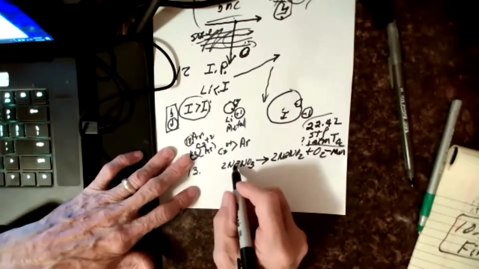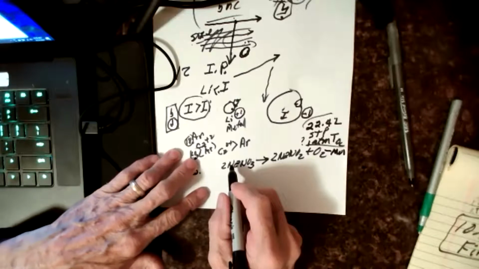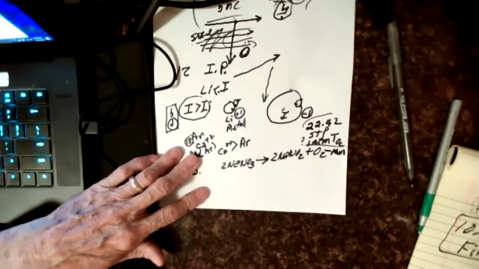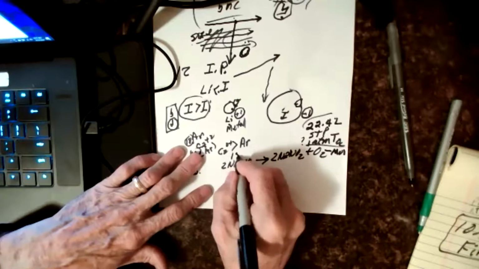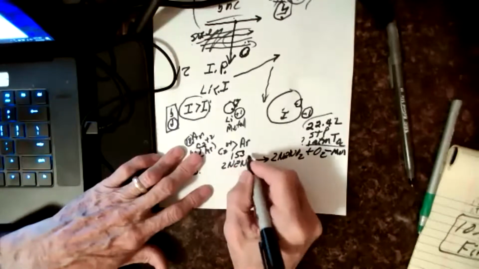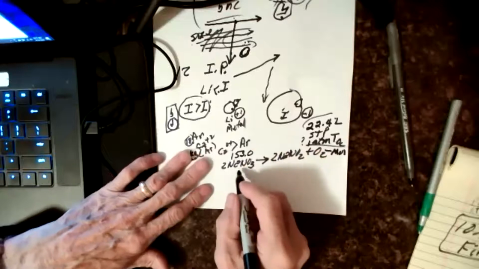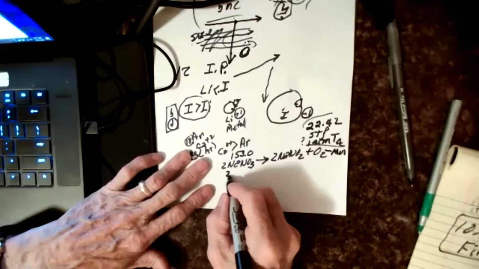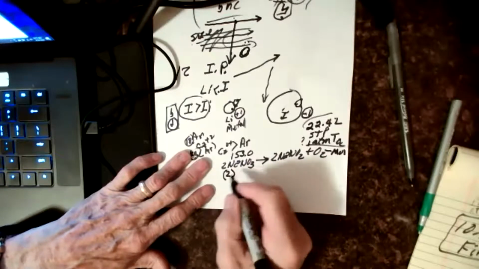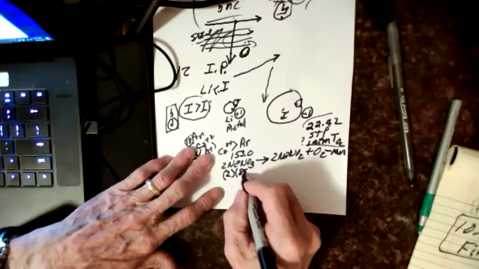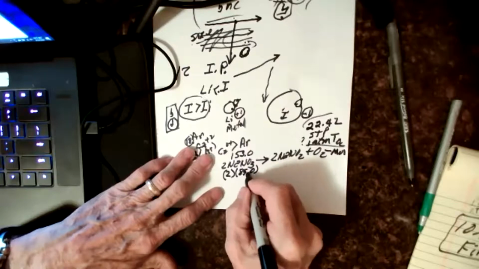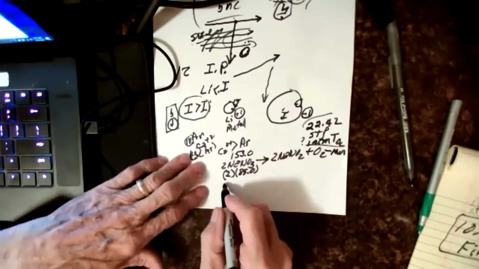Now I have 153 grams of sodium nitrate. The equation is showing 2 moles of sodium nitrate, and the molecular mass is given as 85 grams. So there's my rebalancing factor.